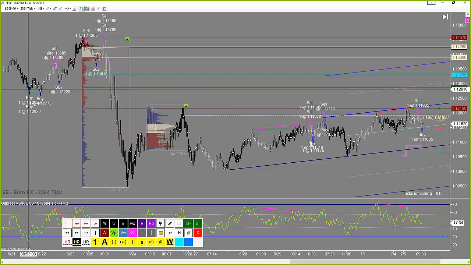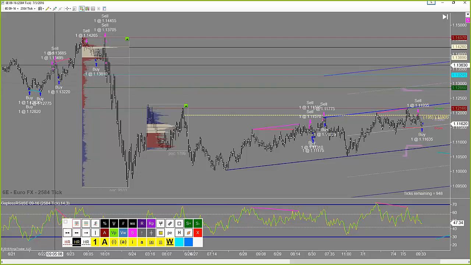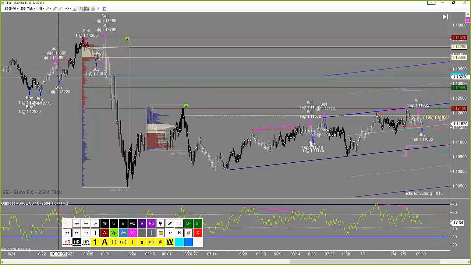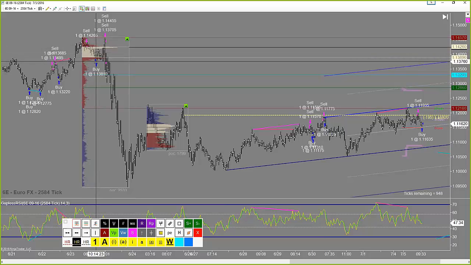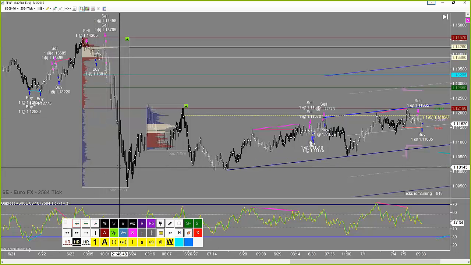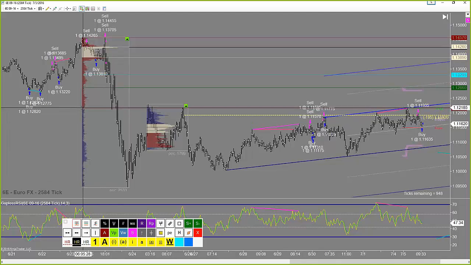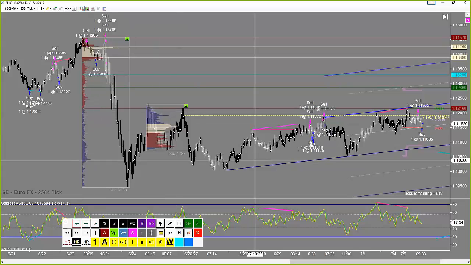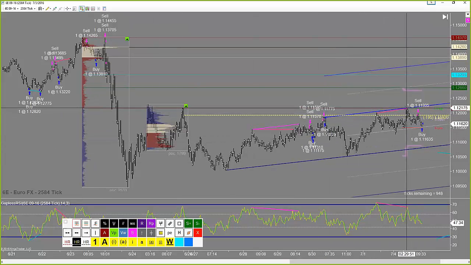Yeah, so we got long here and here, exited here and there, bought back here, exited there, bought back here, took one off just before that big down move, and then got stopped out of the last one as it sold off. So that entire move down there gave us the value area low at this price right here, which you can see it came up to the tick right there. Came through it by about 3 ticks.